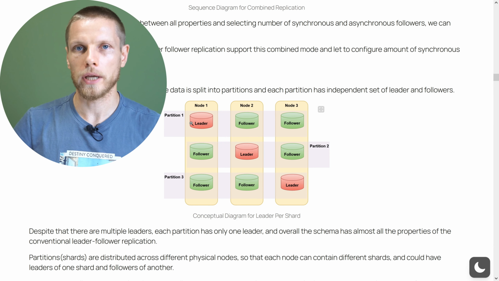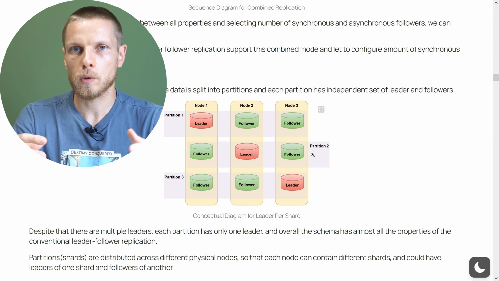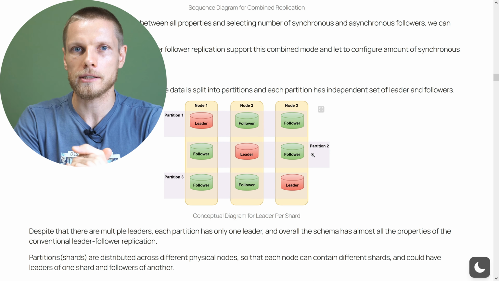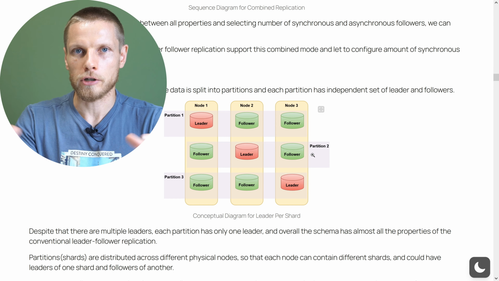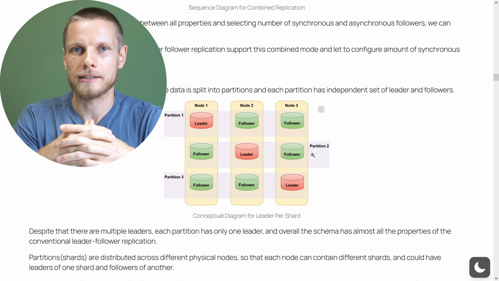For example, if we made some write on partition 1 and made some write on partition 2, those two writes will be considered concurrent. And that's just what is required in sequential consistency. So this leader per shard approach fits the sequential consistency definition very well.